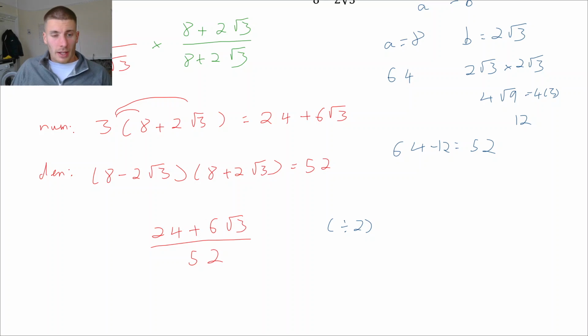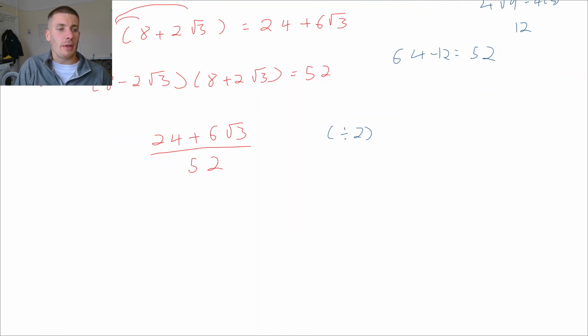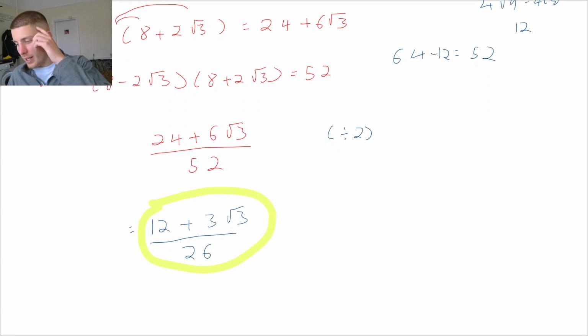Therefore, this is going to be equal to 24 divided by 2 is 12. 6 root 3 divided by 2 is going to be 3 root 3, so plus 3 root 3, over 52 divided by 2, which is equal to 26. They mean the same thing, they're the same answer, but that is your simplified answer. Excellent. So both of these are definitely rationalized, but you want to write it in its simplest possible form. 24, 6, and 52 are all divisible by 2. There we go. Good.